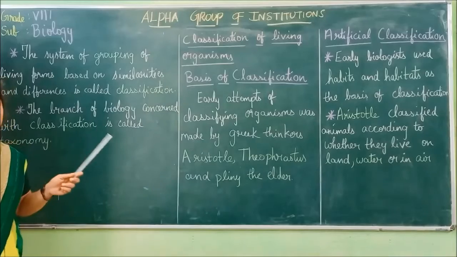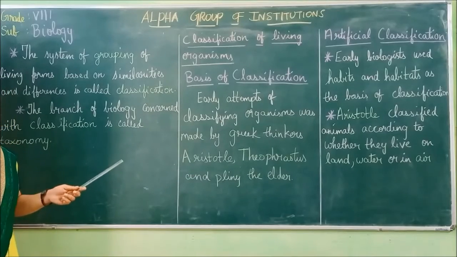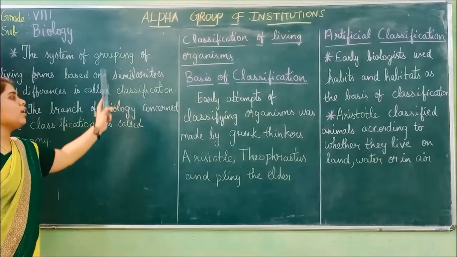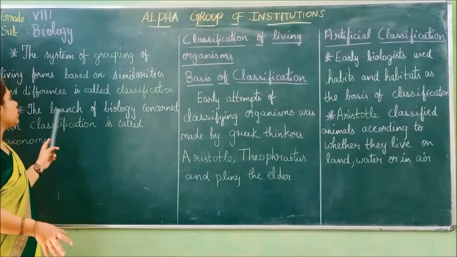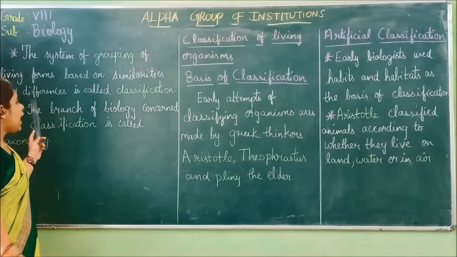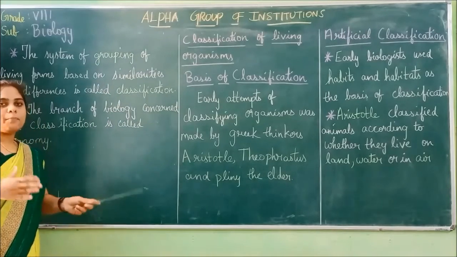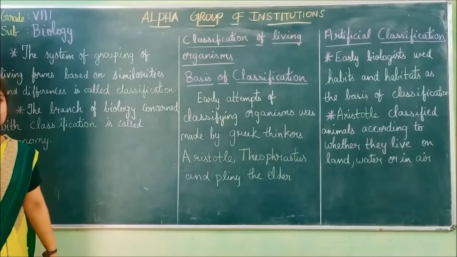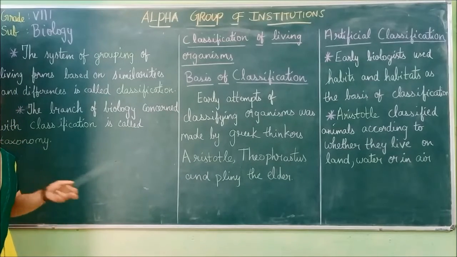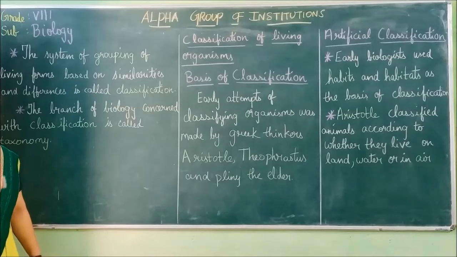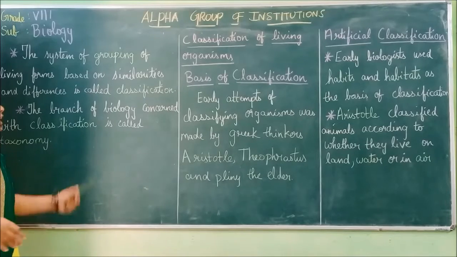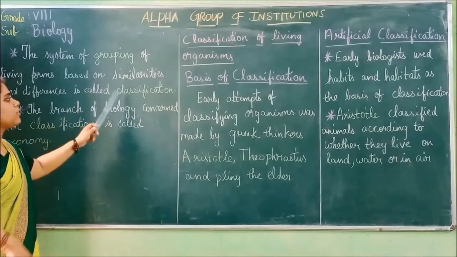If there are any similarities in structure, function, they will be put under one group. And this is one classification. And comparing them, their differences, and putting them in different groups. So comparing all the organisms based on their similarities and differences, they are grouped, and that is what is called as classification.